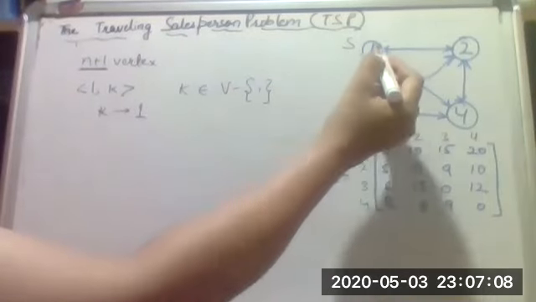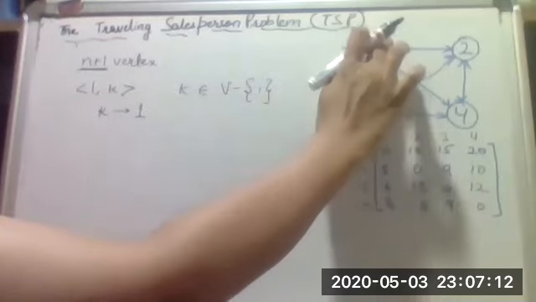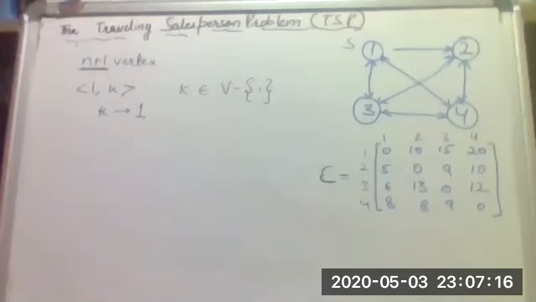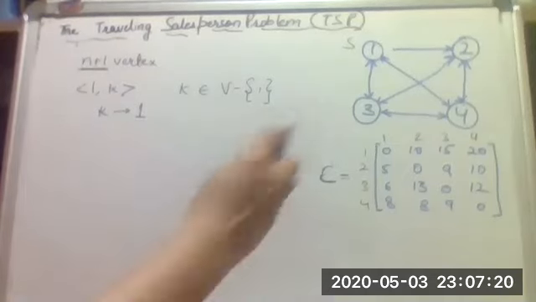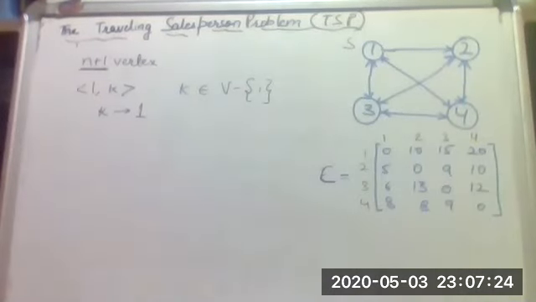When we say that there is a path from 1 to 2 and 2 to 1, it doesn't mean that this always needs to be there. 1 to 2 is there, but it need not be a bidirectional one. It can still reach from 2 to 3, 3 to 4 and back to 1. So it can move through all the other vertices.